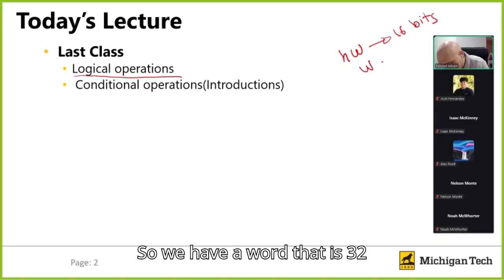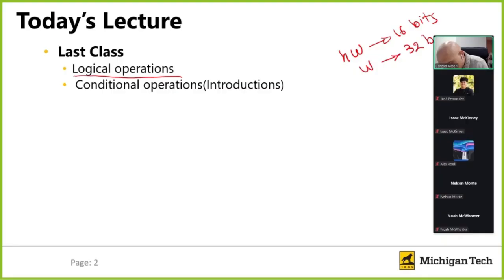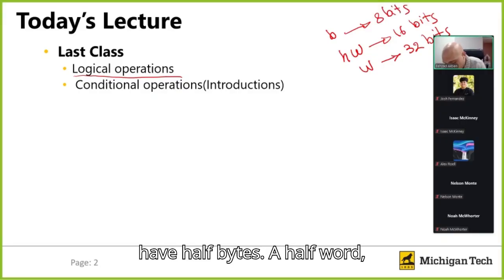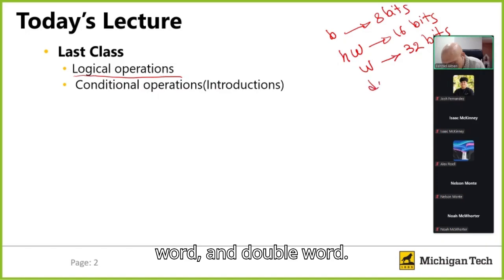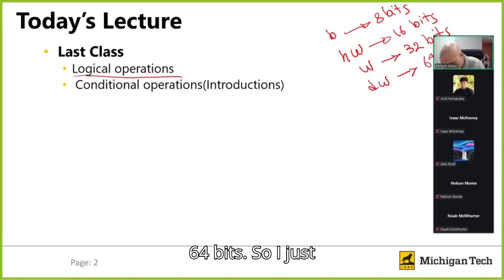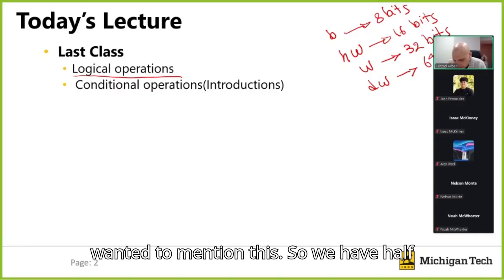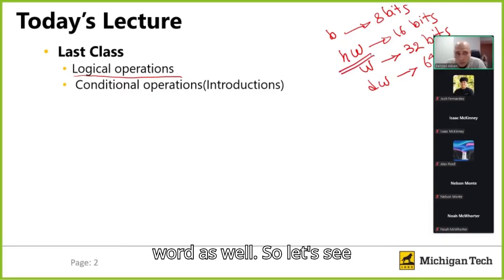We have a word that is 32 bits. We have byte, I'm just going to put B, 8 bits. And double word is 64 bits. So I just wanted to mention this.